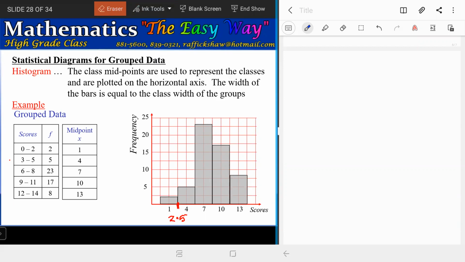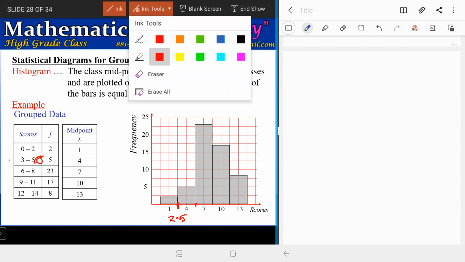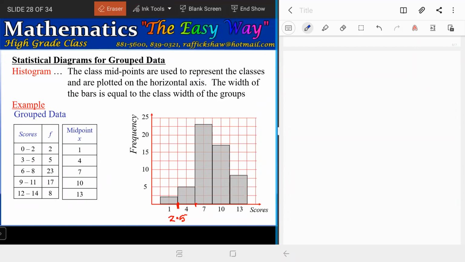The next boundary would be 5.5 from this group. This group ends at 5.5. So that will be 5.5 right here.